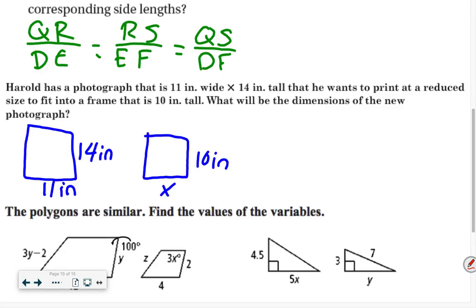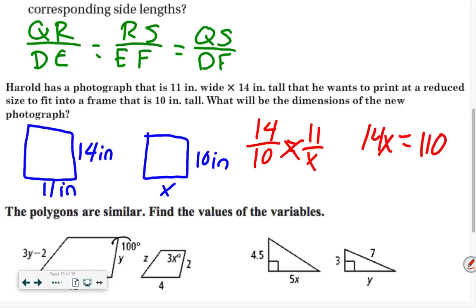Yeah. 14 over 10 and 11 over x. How can I find how big x is? Cross multiply. 14x equals 110. What's the math on that?